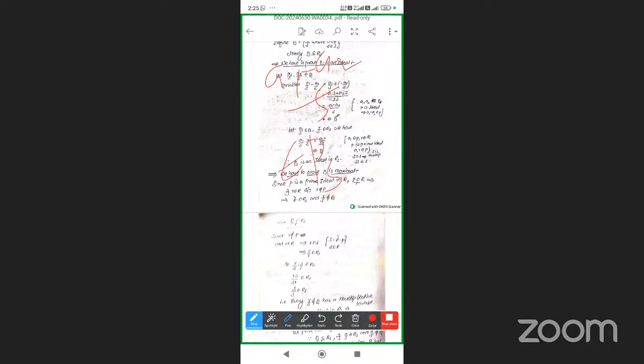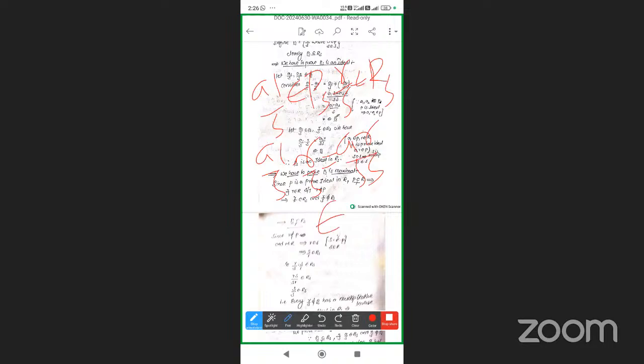Again, A1 by S belongs to PS, and R by S belongs to RS. We have A1 by S times R by S is equal to A1 R by SS, which belongs to PS.